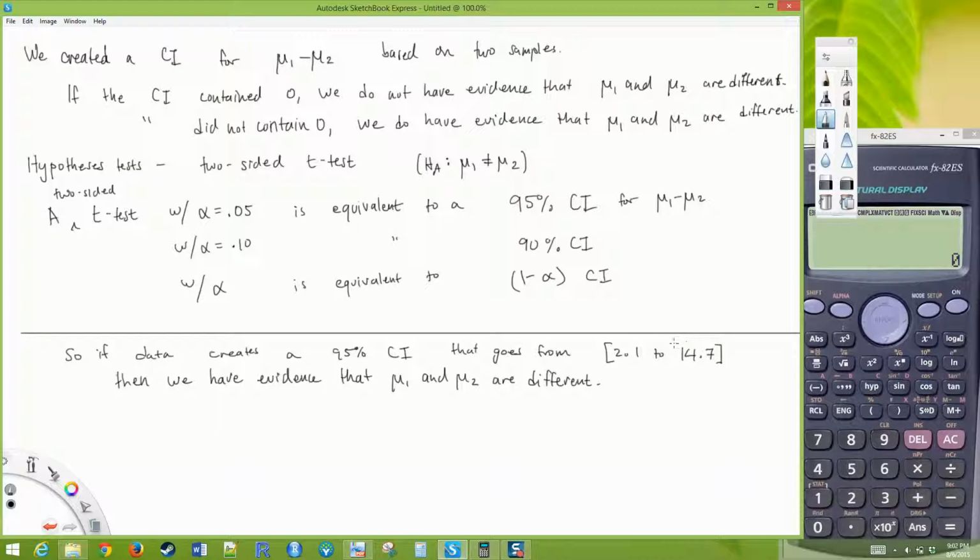If we use the same data for a two-sided hypothesis test, then we will reach the same conclusion.